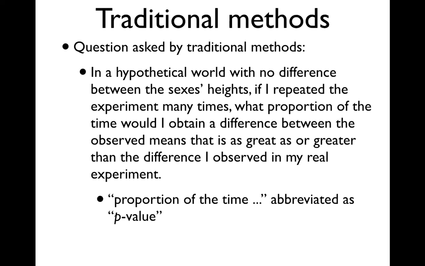So you might observe, say, one imagined world in which your sample has male height 1 centimeter greater than female height, and another where females are 2 centimeters greater than males, and another where it's 0.3 in favor of males. They'll generally distribute around zero, and the peak of that distribution of imagined experiments is going to be around zero, but depending on how variable we decide the imagined world is, we'll get a spread around zero.